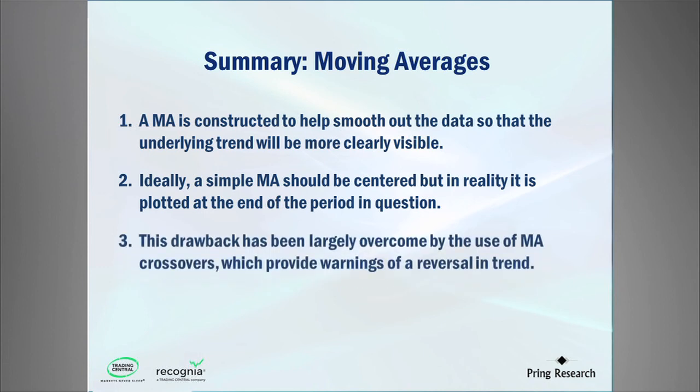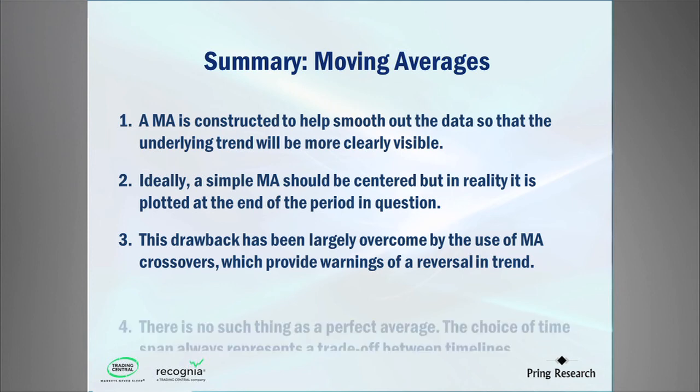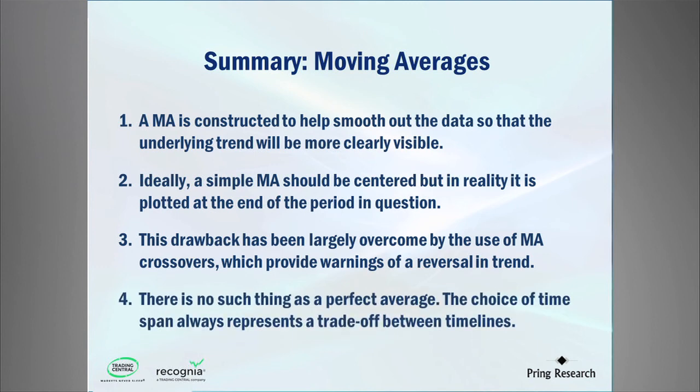3. This drawback has been largely overcome by the use of moving average crossovers, which provide warnings of a reversal in trend, and by the use of weighted or exponential moving averages, which are especially more sensitive to changes in the prevailing trend since they weight the data in favor of the most recent periods. And 4, there is no such thing as a perfect average.